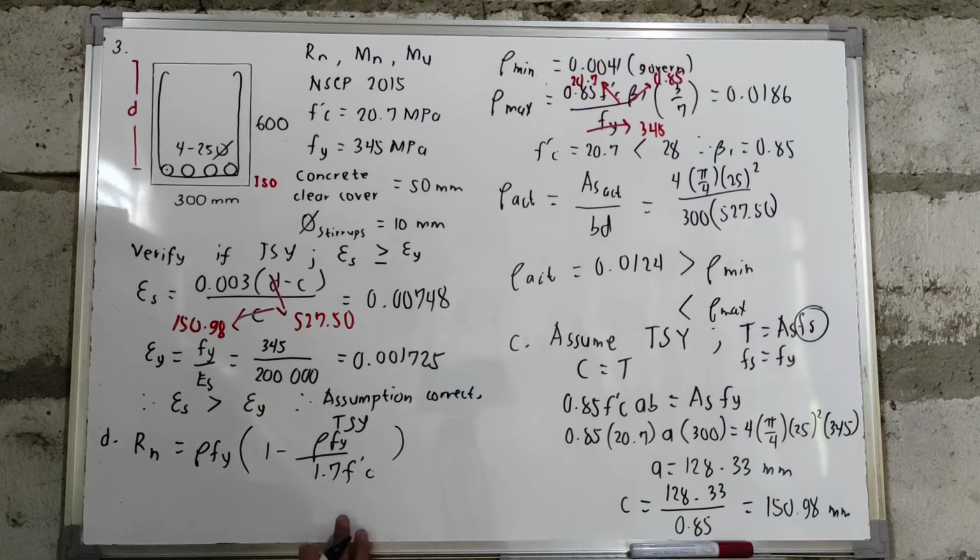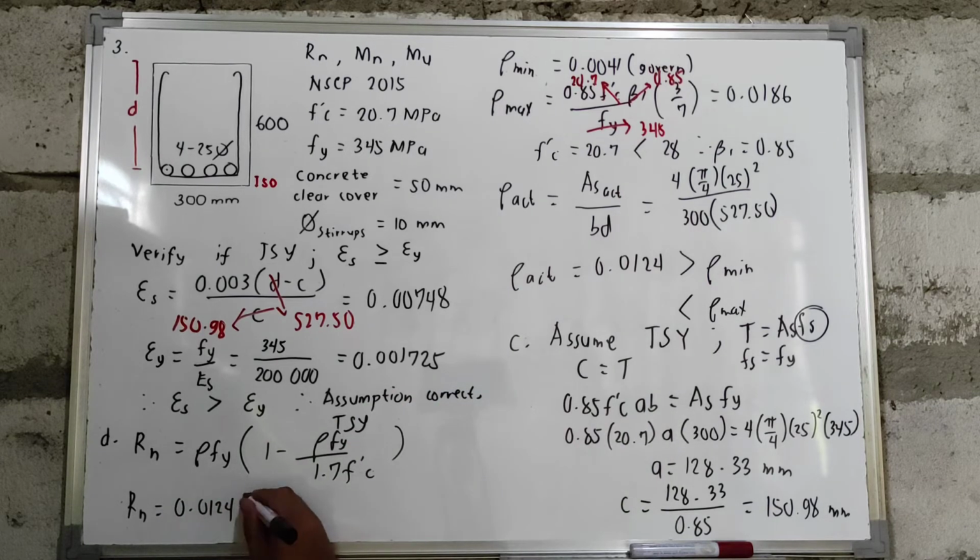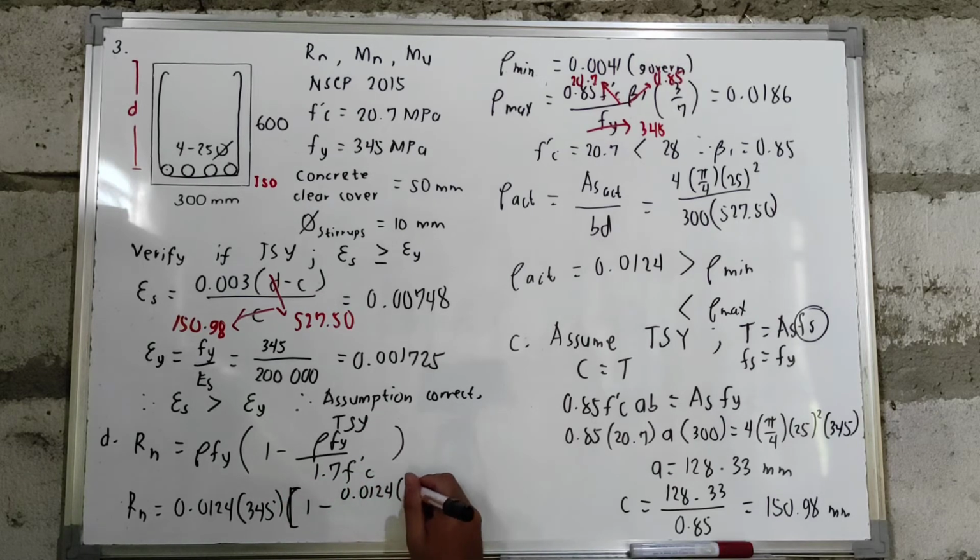So, substituting yung mga values natin dito, yung actual rho natin, which is equal to 0.0124. Yung Fy na given natin na 345 megapascal. 1 minus yung rho natin na 0.0124 multiplied by 345 over 1.7 times yung F prime C natin na 20.7.